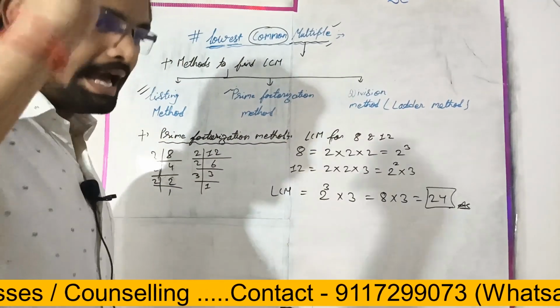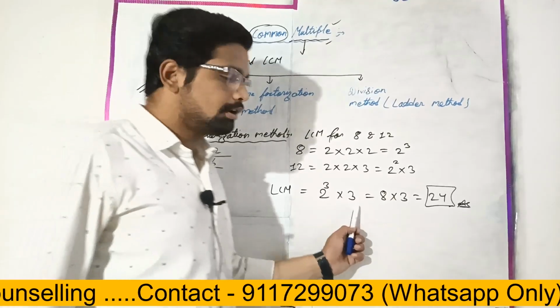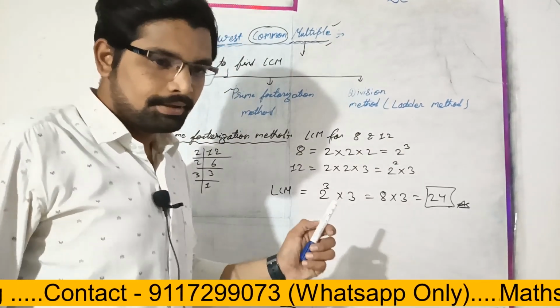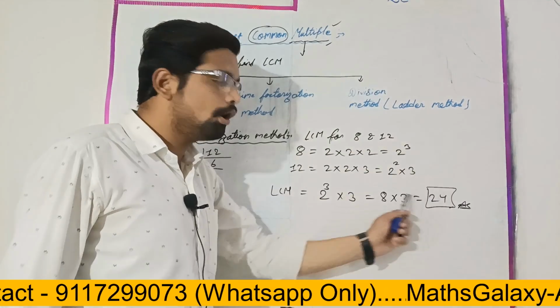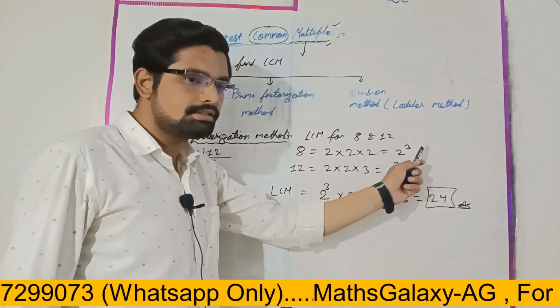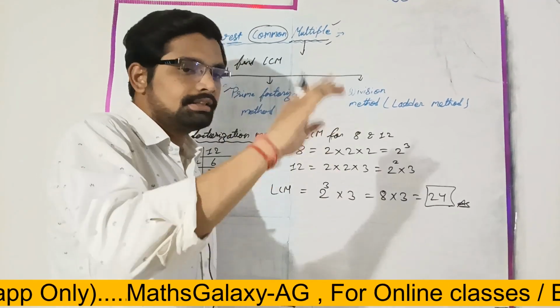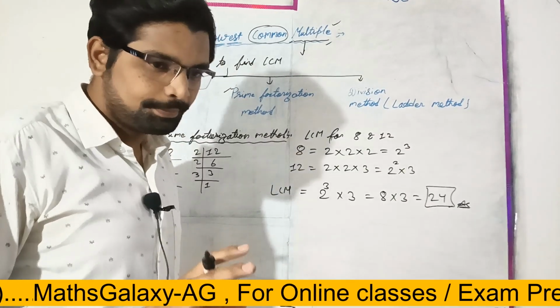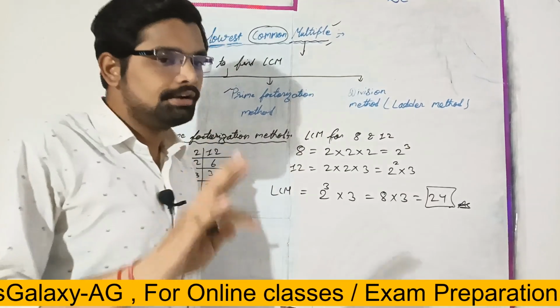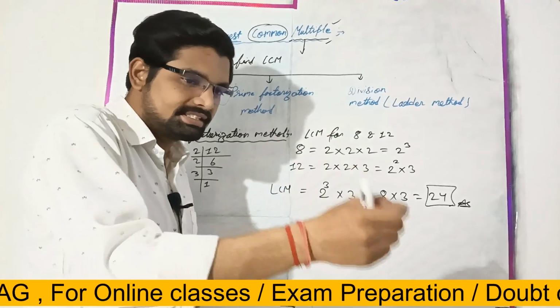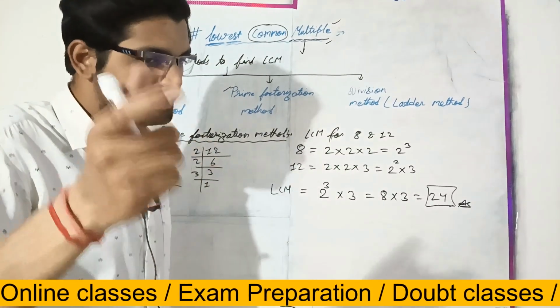In HCF we take the common factors, but in LCM we have to take all prime factors with their highest power. Is it clear? You have to keep this point in mind while finding HCF and LCM.